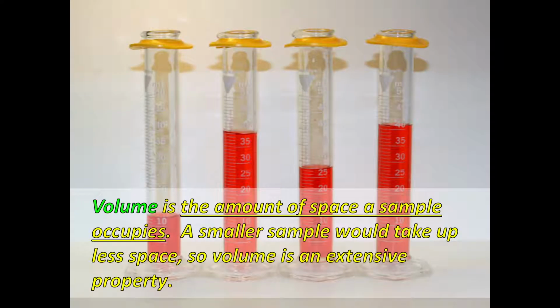Volume is the amount of space a sample occupies. A smaller sample would take up less space, so volume is extensive. So if you can remove it and the value changes, it's extensive. Should be very easy to remember and tell the difference between the two.